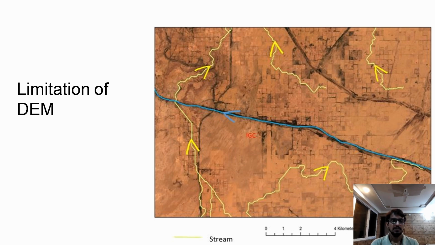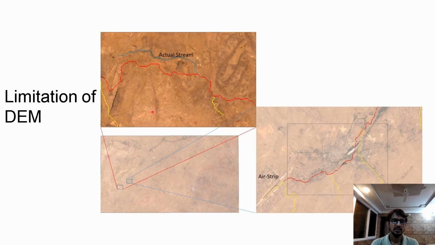Okay, so during the practice, we realized that there are some limitations of these studies. Here you can see the actual stream is somewhere here, and the digital elevation model is suggesting this as a stream.